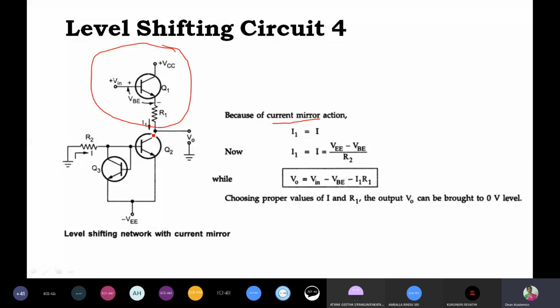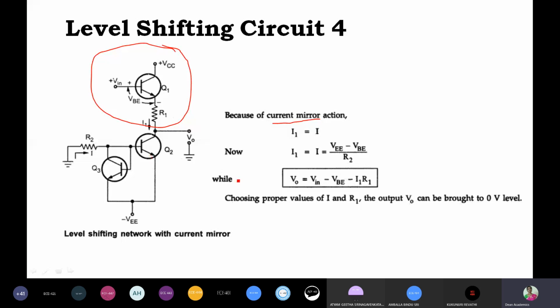Current mirror means the same current. If you see your face in a mirror, you get a mirror image. Similarly, this is a current mirror arrangement. In the previous case diodes were connected like that, and now this is the current mirror circuit.